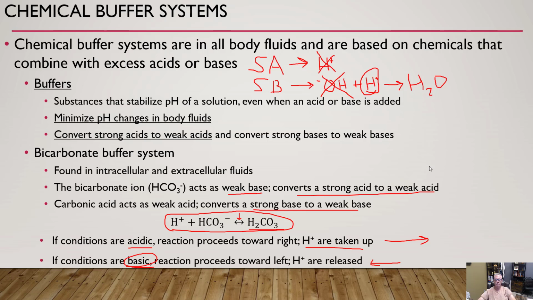So a lot of our metabolic reactions that happen in our body are the double arrowed reactions so that they can go to the right or to the left depending on what our body needs are at the time.